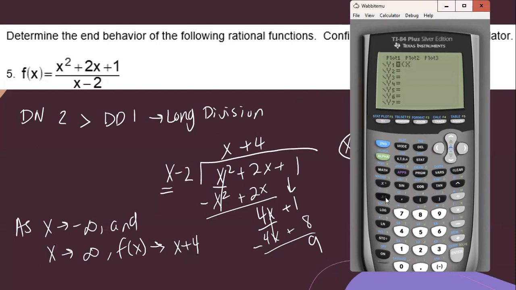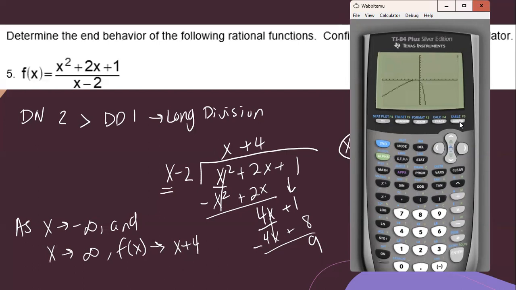So I have x squared plus 2x plus 1 divided by, protect my denominator, x minus 2. All right. And now I'm going to click graph.